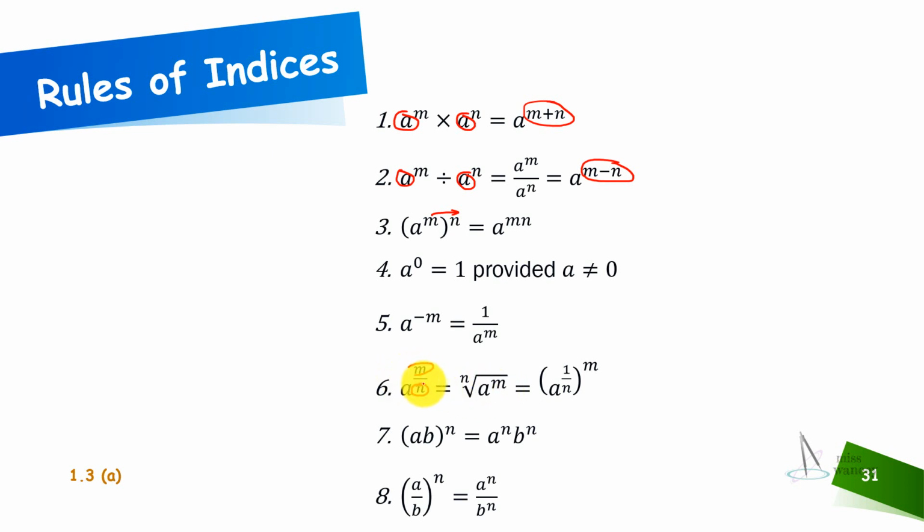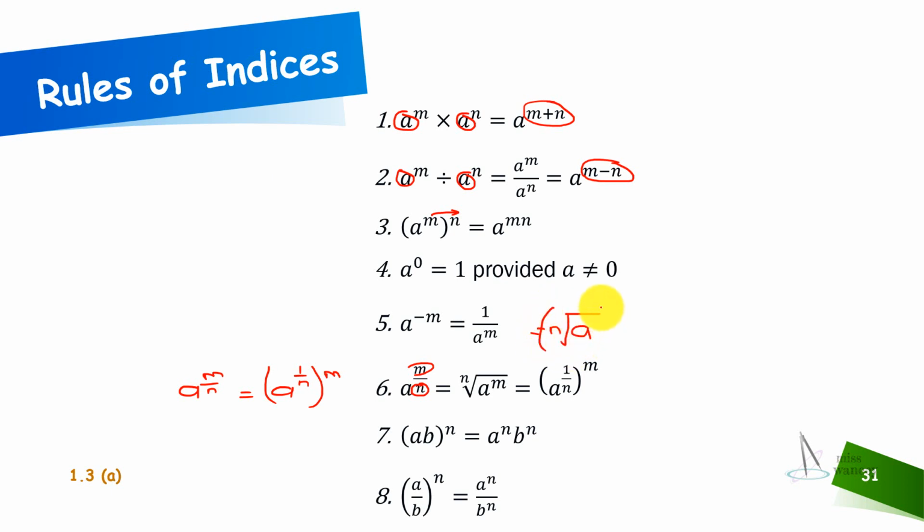Or you can actually separate this using what we have learned during the third one. So a to the power of m over n is a to the power of 1 over n, to the power of m. Okay, so a to the power of 1 over n, this one is actually the n root of a.